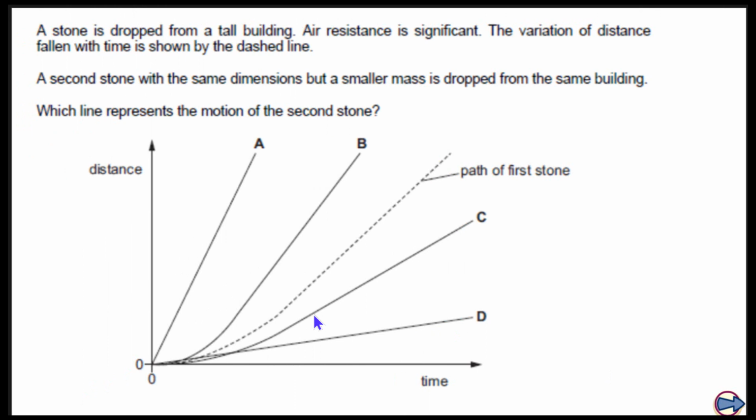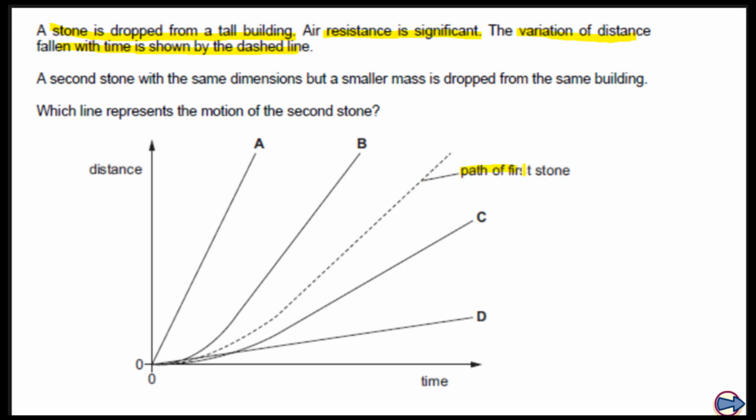Here is our third question. First of all, let's try to understand what is given to us. In this question, a stone is dropped from a tall building and air resistance is significant, means we cannot ignore air resistance. And also the variation of distance with time is shown by a dashed line.